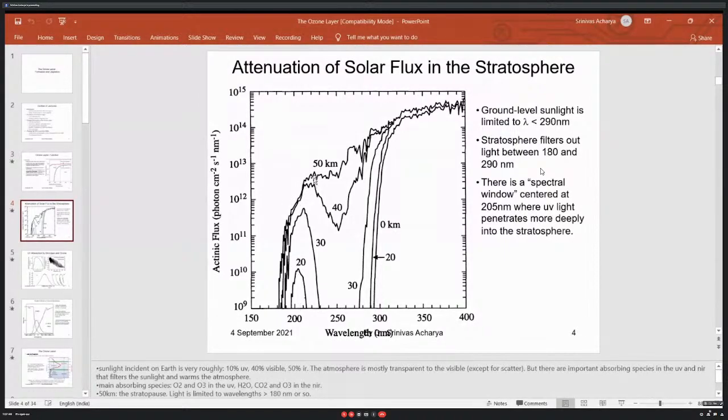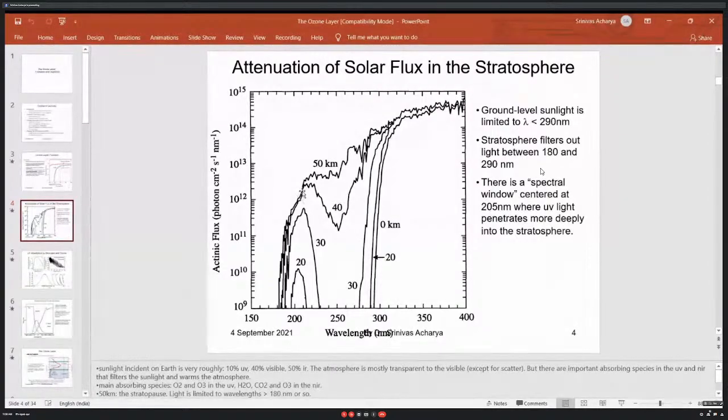That means there is a filter working in the stratosphere in the form of this ozone layer, which forms a layer to filter this portion of the UV spectrum. At the peak of this 205 nanometers, it can most efficiently absorb this flux. So you can have this actinic flux density with a spectral peak at 205 nanometers.